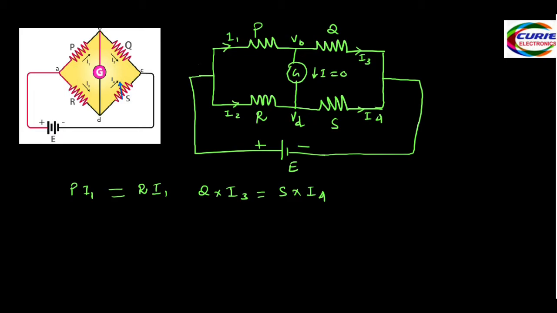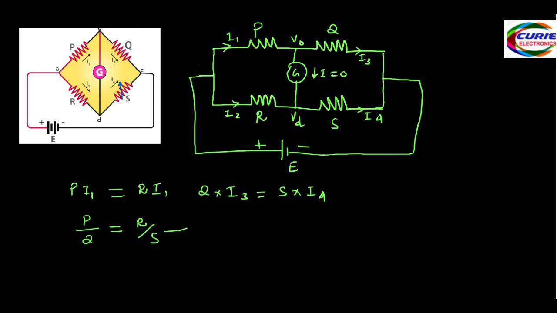Now, if we equate this, we will get an equation: P upon Q equals R upon S. From this equation, P upon Q equal to R upon S, we will get one equation.